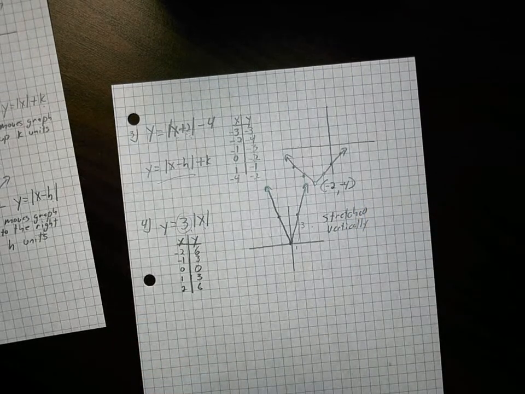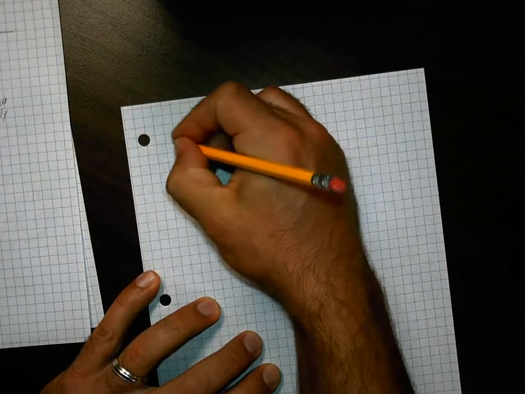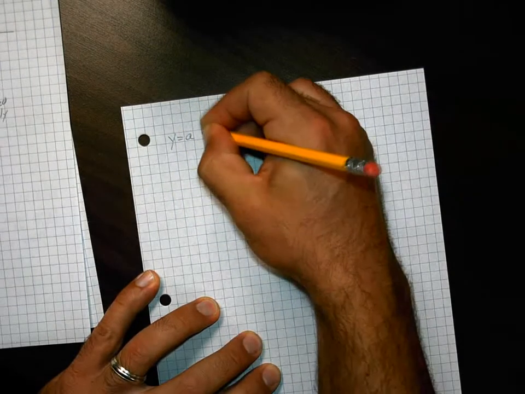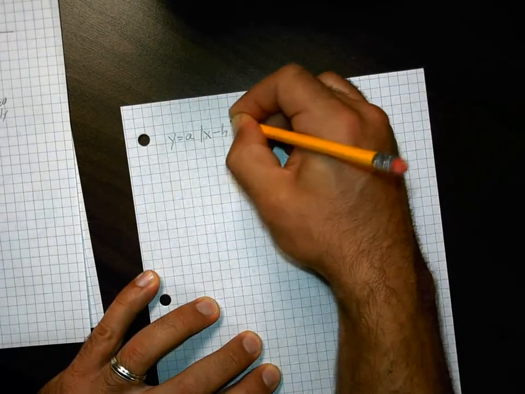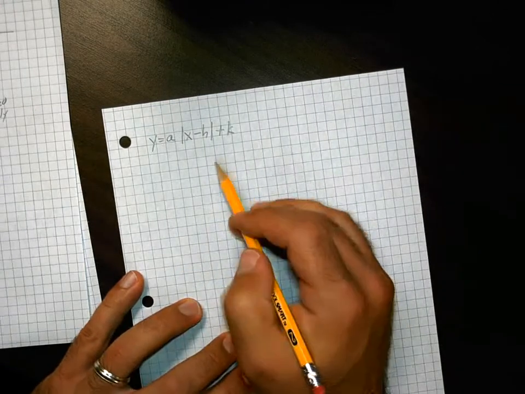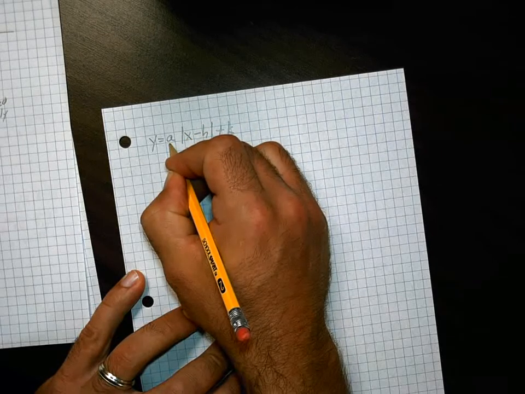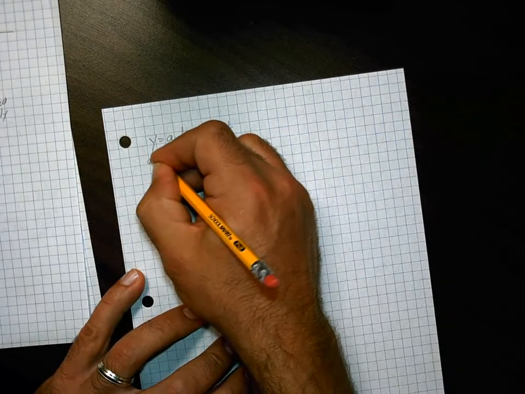Okay, so we are going to use what's called a general equation that looks like this. Okay, we know what the A does. The A is our slope, our stretch. So I want to write that down.